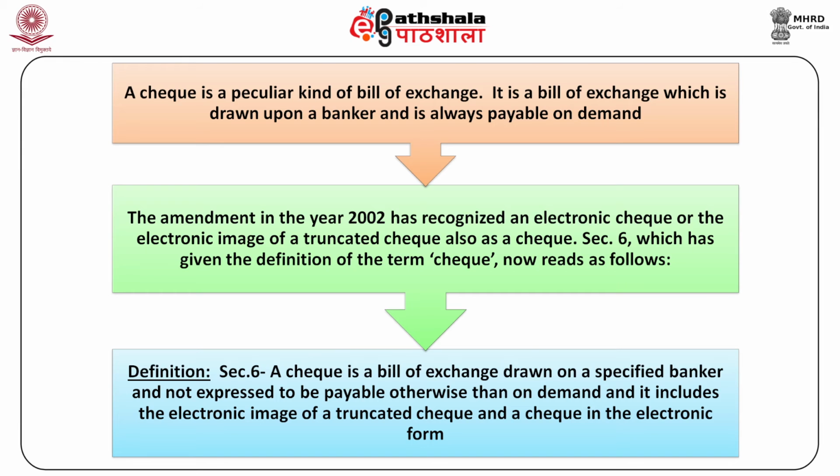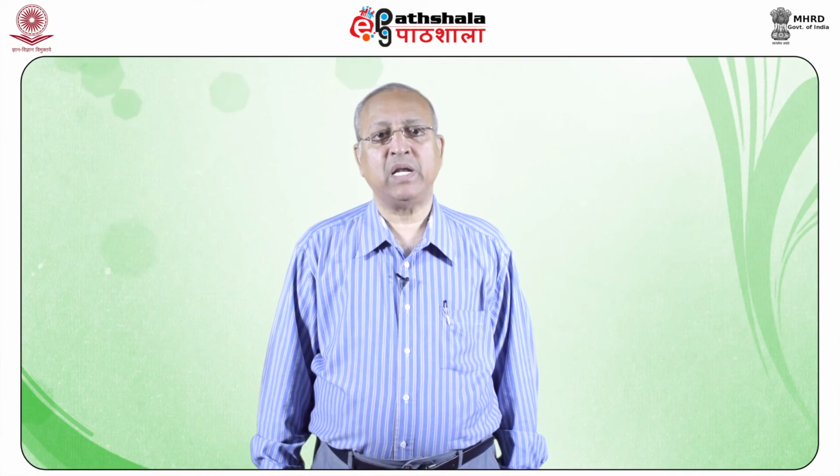Definition. Section 6. A check is a bill of exchange drawn on a specified banker and not expressed to be payable otherwise than on demand, and it includes the electronic image of a truncated check and a check in the electronic form. The explanation.